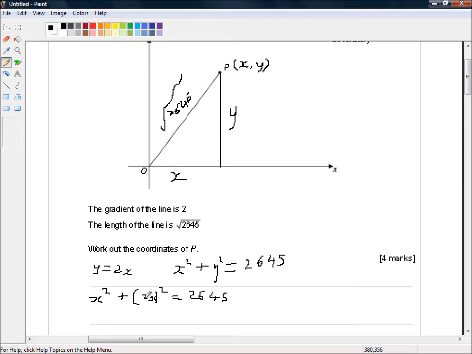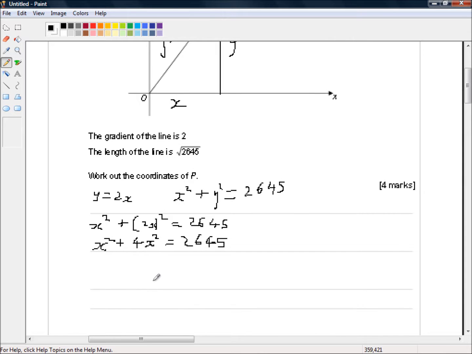And if we expand out those brackets, 2 squared is 4, so x squared plus 4x squared is equal to 2645. Combining like terms, x squared plus 4x squared is 5x squared, so 5x squared is equal to 2645.